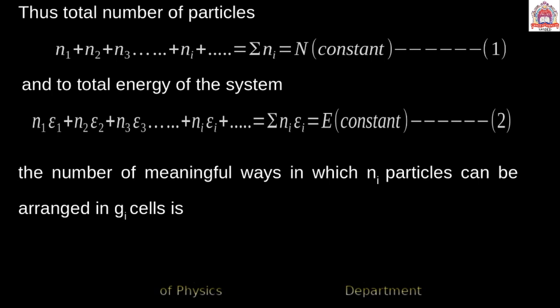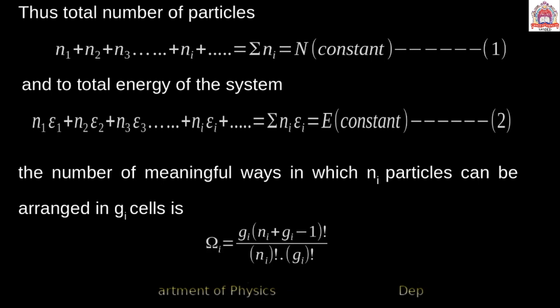Therefore, rearrangement among themselves, that is their permutation, Ni factorial, will be meaningless. Similarly, the permutation of Gi cells, that is Gi factorial, will also be meaningless.